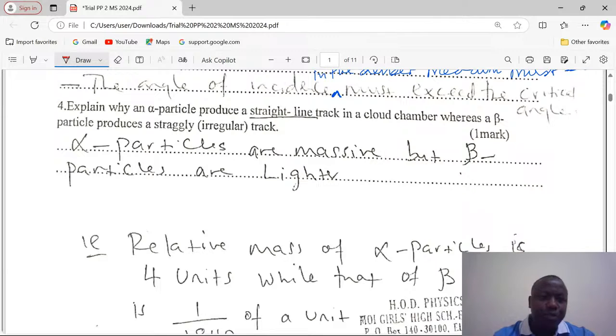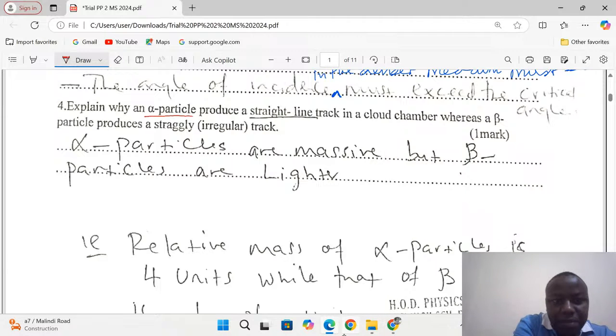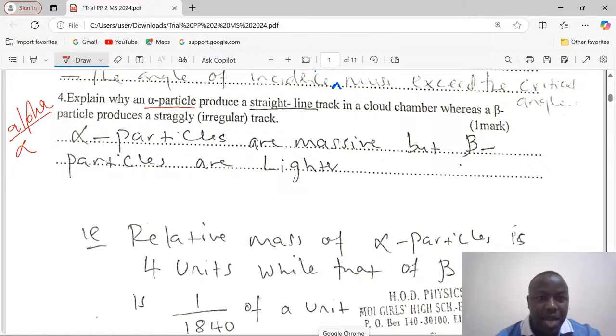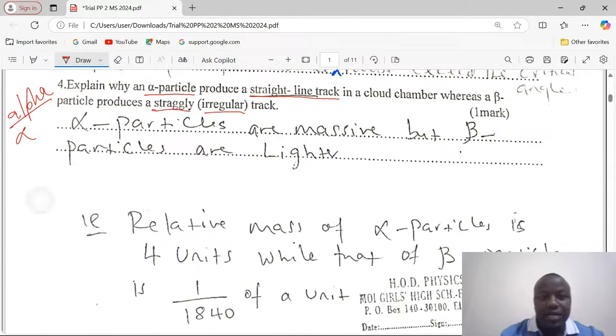Part 4. Explain why an alpha particle, the symbol for alpha, we write it this way, produces a straight line track in a cloud chamber, whereas a beta particle produces what is called an irregular track.